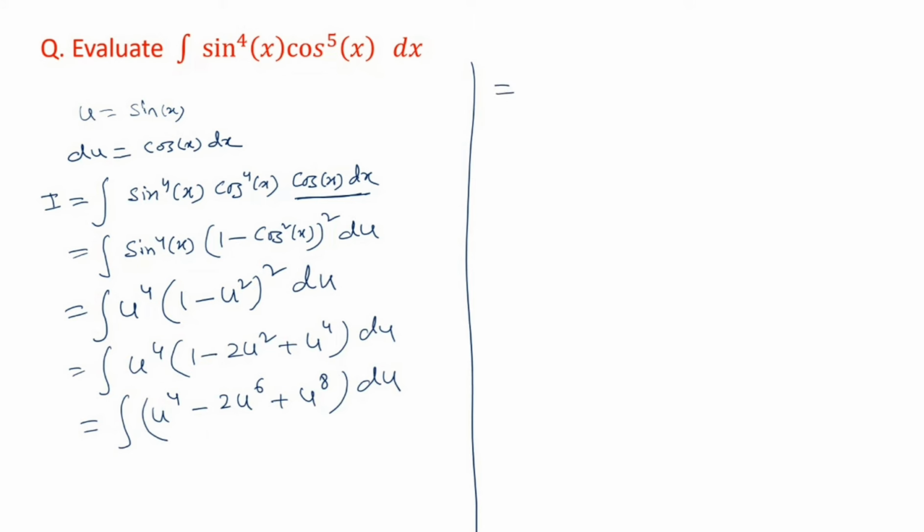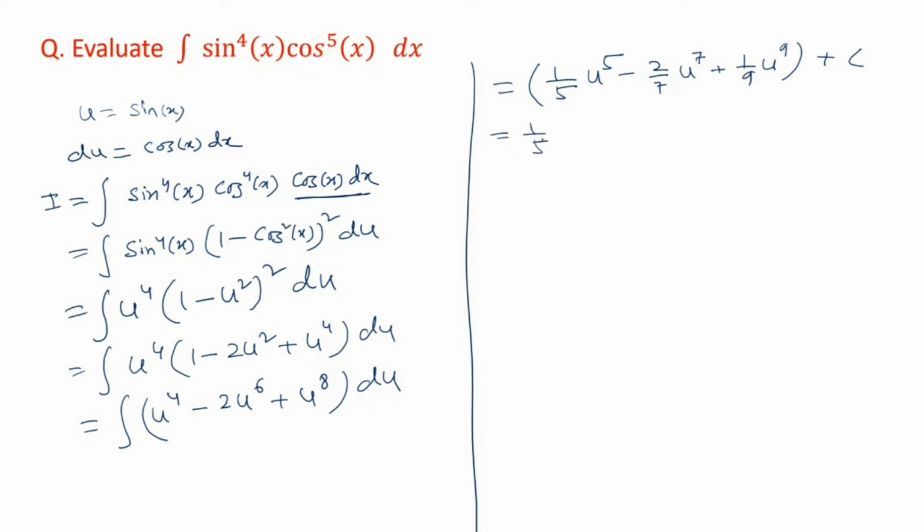Now we'll get the integration here. This is 1 over 5 u to the power 5 minus 2 over 7 u to the power 7 plus 1 over 9 u to the power 9 plus c.